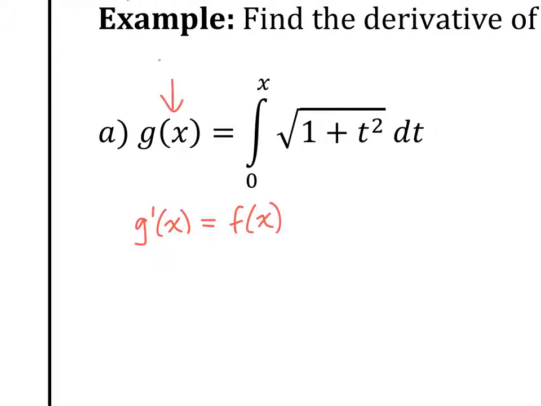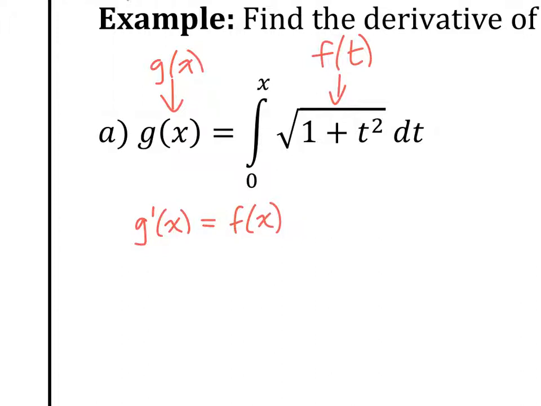This part is g of x. This part is f of t. Notice that we are switching variables. The curve underneath the integral is f of t, but we are trying to write an area underneath the curve based on x, and then we're taking the derivative, so it is of x, not t anymore.